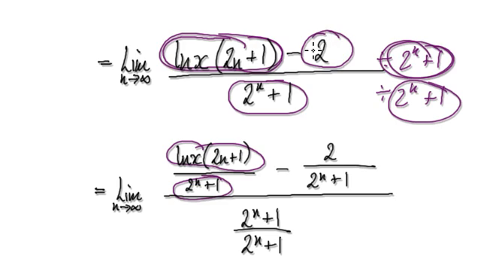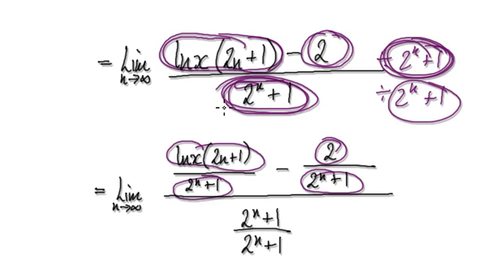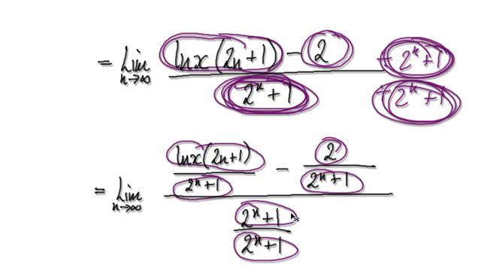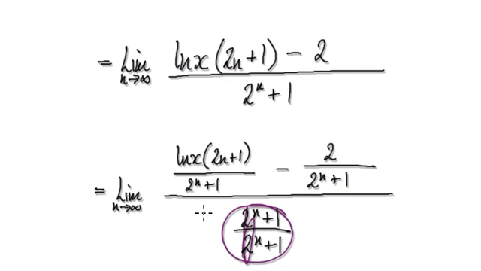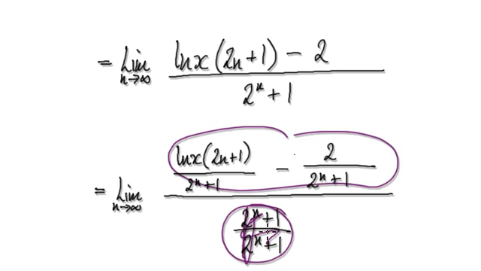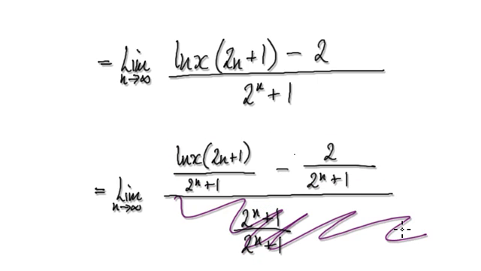That will then give you this. You've got your 2, and then you divide it by this, and for the denominator, it's going to be this divided by this. So this thing here is going to be 1. So something over 1. We can forget about this thing here.